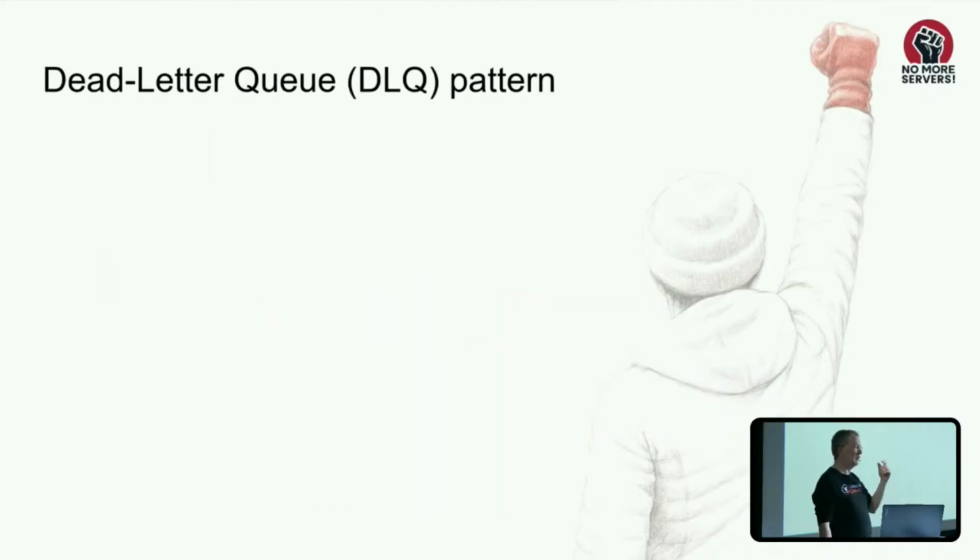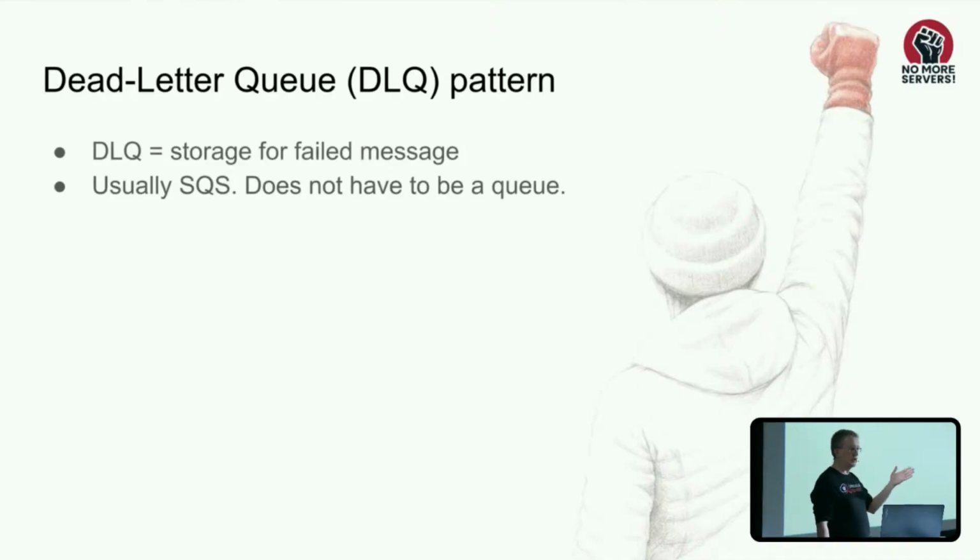So we started talking about the dead letter queue pattern. It's a common pattern in event-driven systems. When you pass messages from system to system, if it fails, after some retries, you throw them into the dead letter queue. Usually, you use SQS, but you can use other services, depending on configuration and availability.